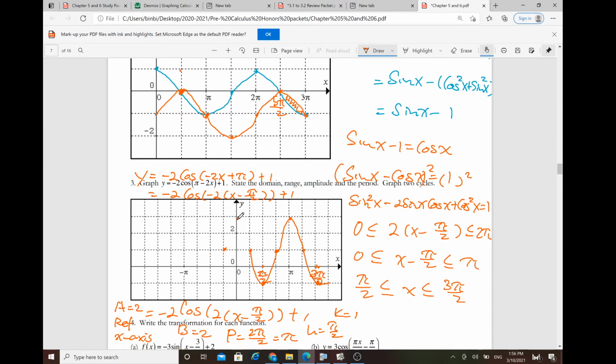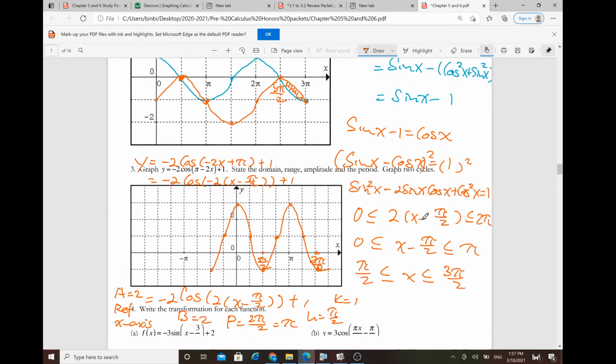Okay, going this way. So all you need to do is just make it symmetrical, showing the line of symmetry with respect to the y-axis. Okay, so one cycle. Here's another cycle. So it's like an M curve.